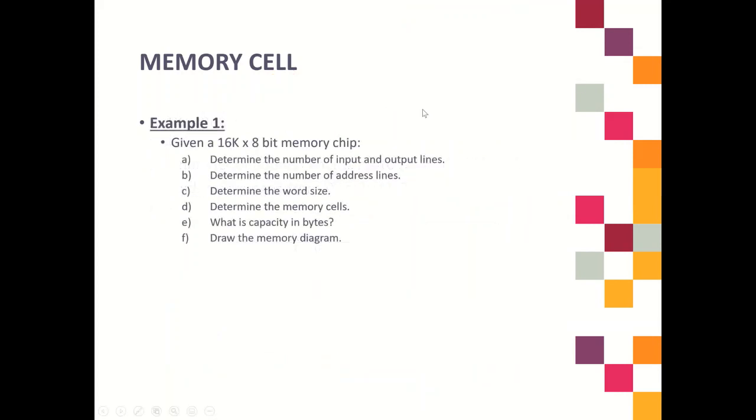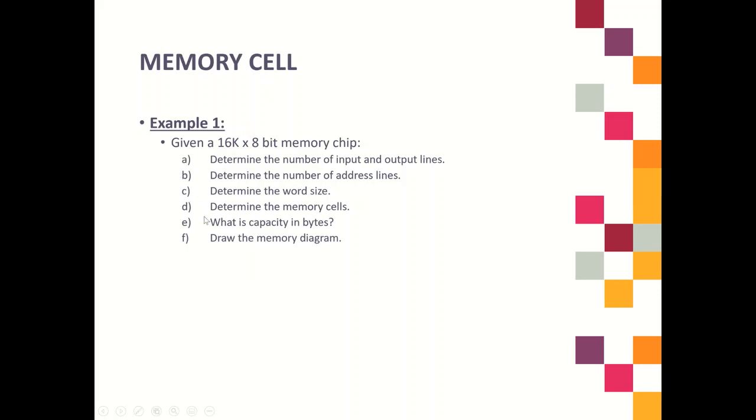So we look at another example. Given a 16K times 8-bit memory chip, you need to determine the number of input and output lines, determine the number of address lines, determine the word size, determine the memory cell capacity in bytes, and then draw the memory diagram.